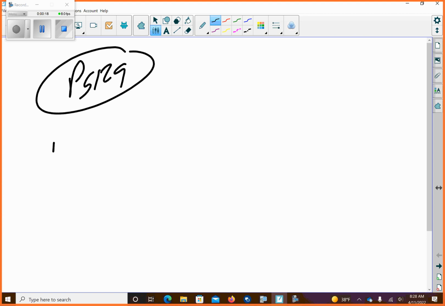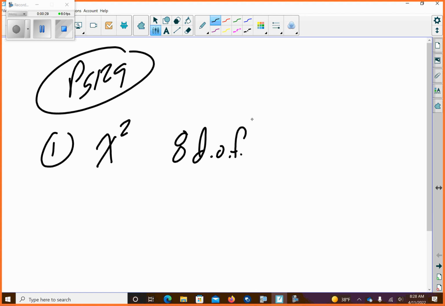Problem number 1 says find the proportion of chi-squared. Chi-squared kind of looks like x squared with 8 degrees of freedom that is greater than 20. That's going to be on the calculator.